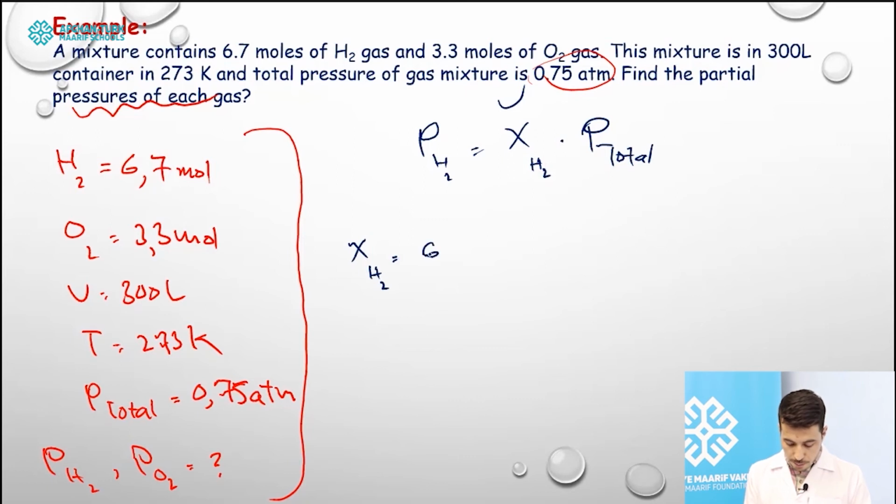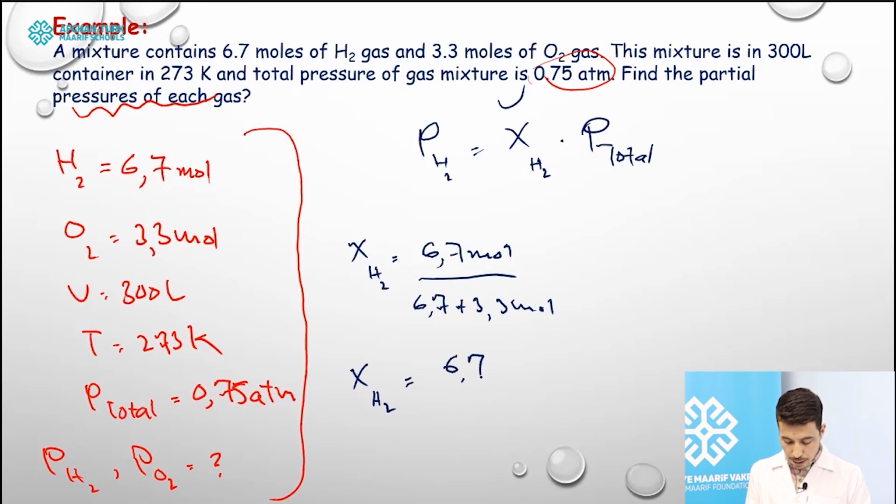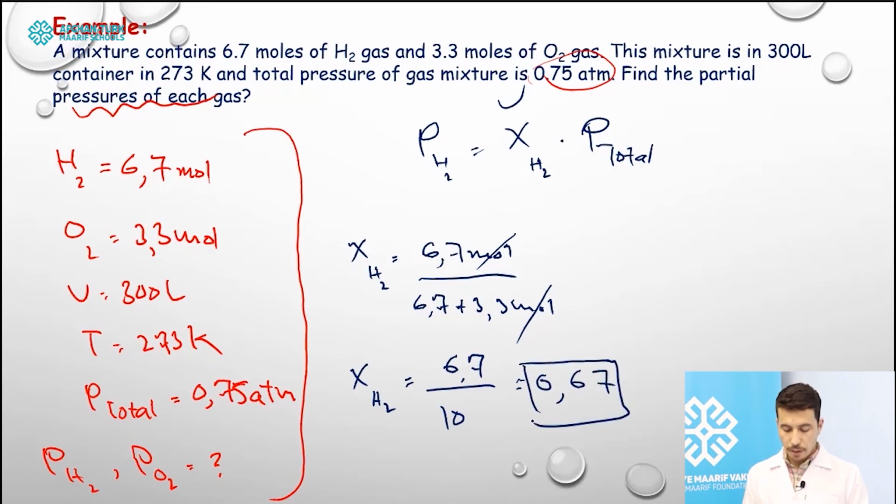It is 6.7 moles divided by, what's the total moles of the mixture? 6.7 plus 3.3 moles. So the mole fraction of hydrogen is equal to 6.7 moles, we can cancel mole by mole, divided by 10. 6.7 divided by 10 is 0.67. This is the mole fraction of the hydrogen.